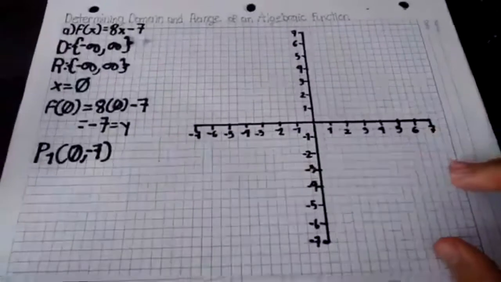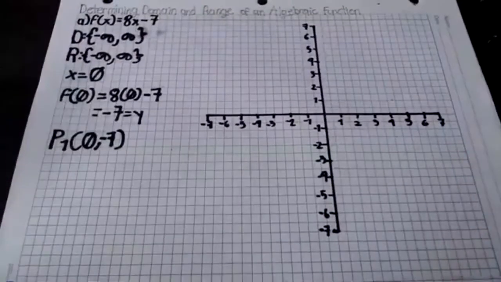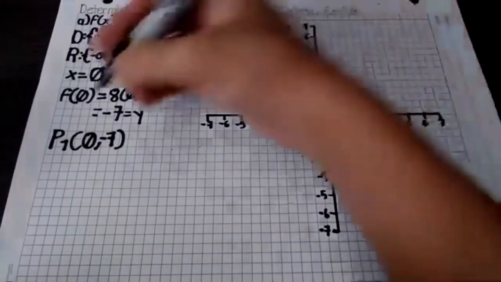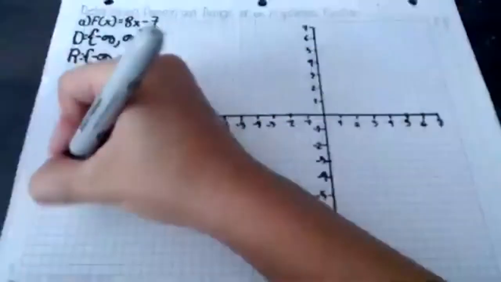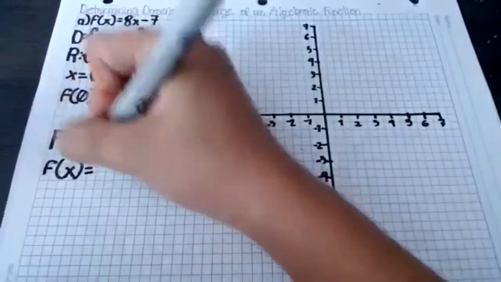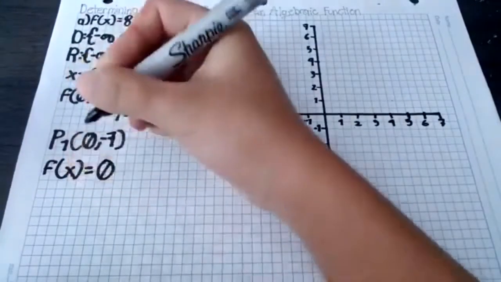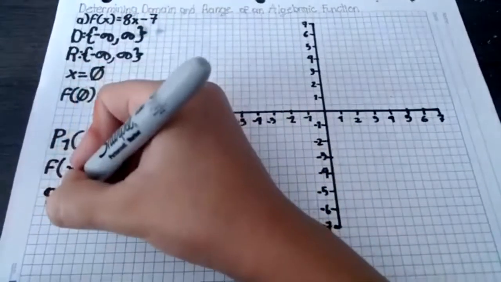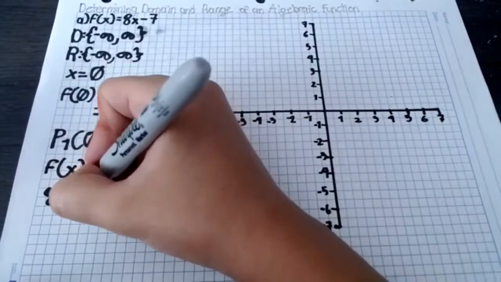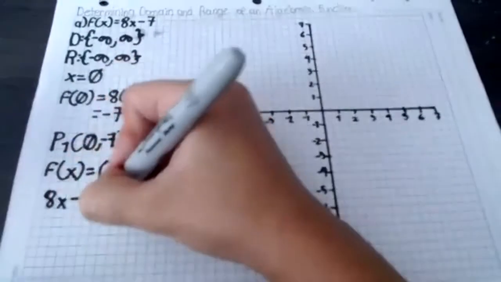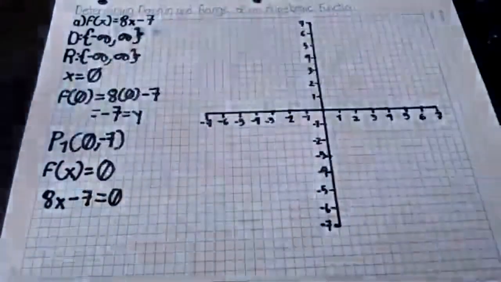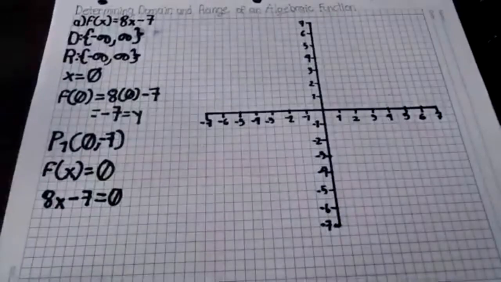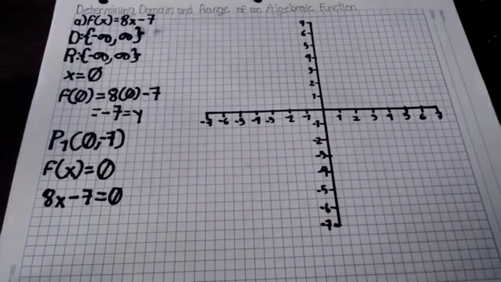Now we need to take out the second dot, the one where f(x) is equal to 0. Then it will be 8x minus 7 equal to 0, and we start simplifying the equation.